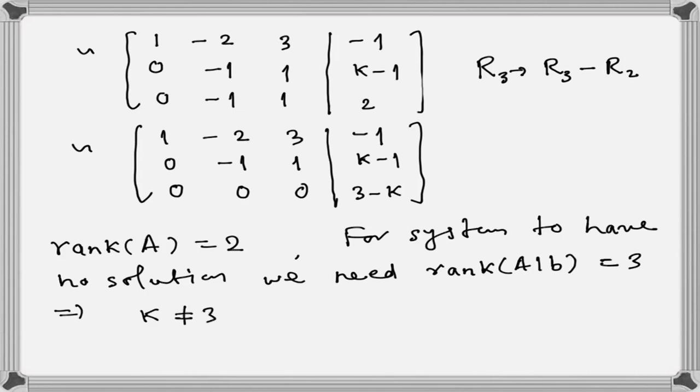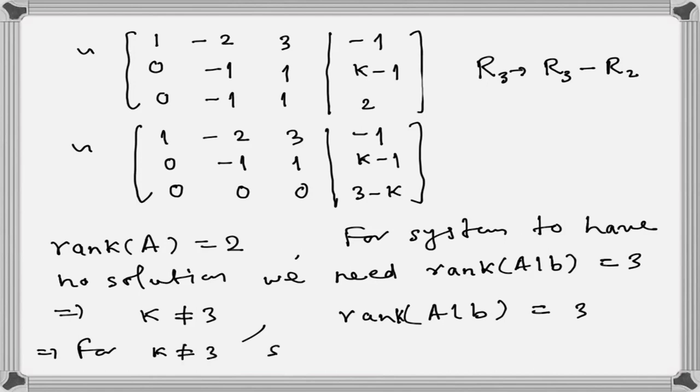Because if k is not equal to 3, then the last row of the augmented matrix is not 0, and the rank of A augmented B, this matrix, is 3. All right, so this implies that for k not equal to 3, the system will have no solution. So this is the final answer.